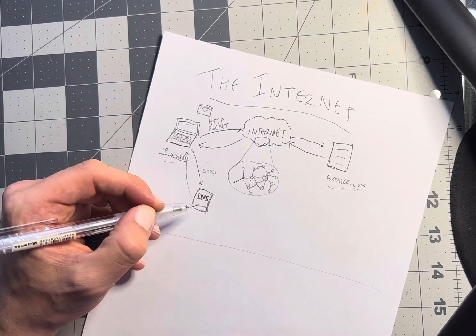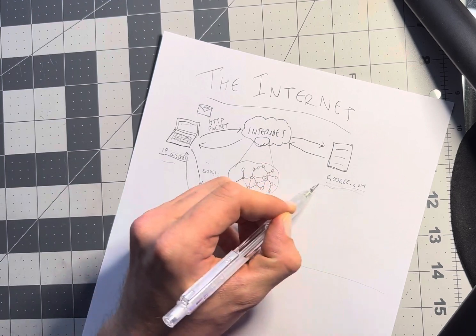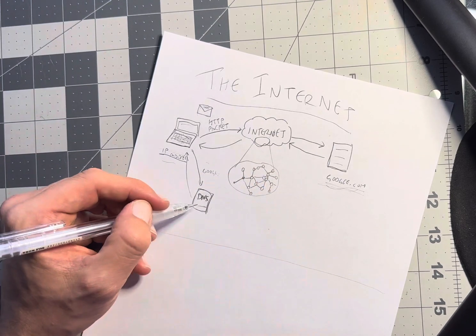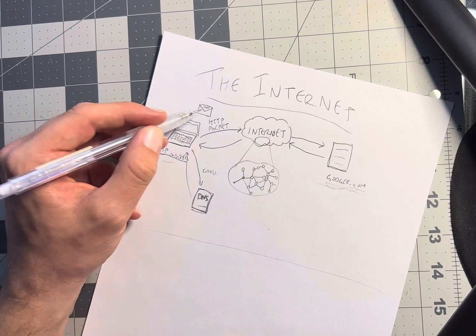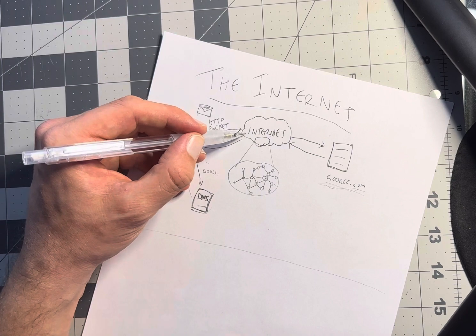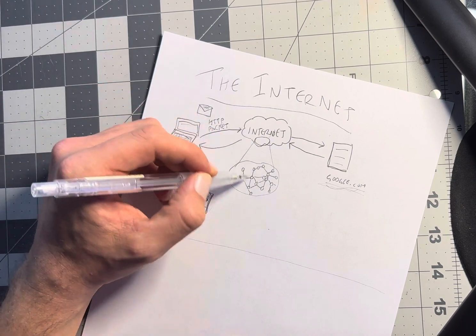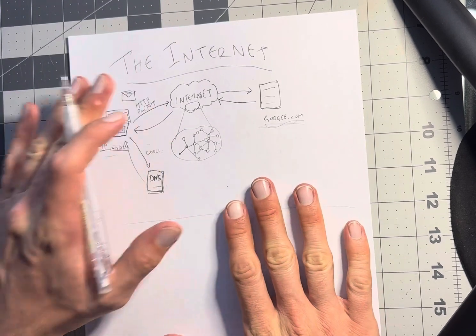And remember that DNS is the service that matches an easy to remember name like google.com to a harder thing to remember, such as an IP address, which is needed to be put in this envelope for it to be routed correctly to destination. And this kind of completes how the internet works.